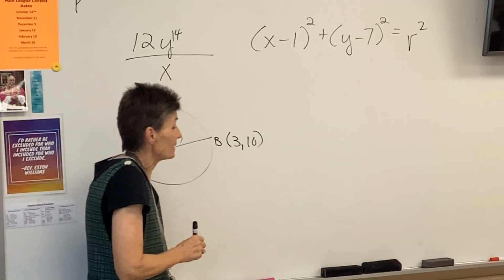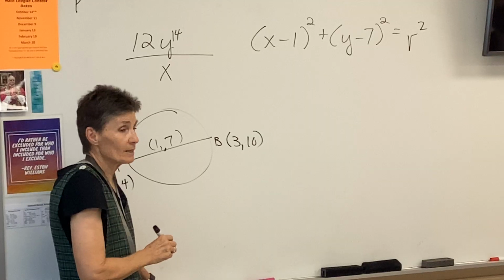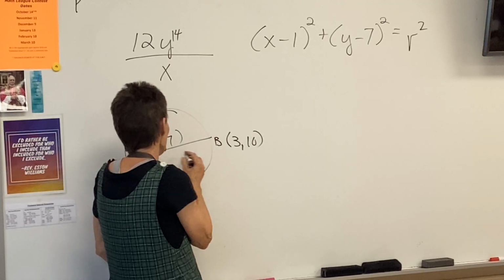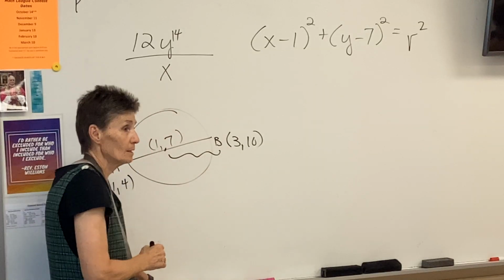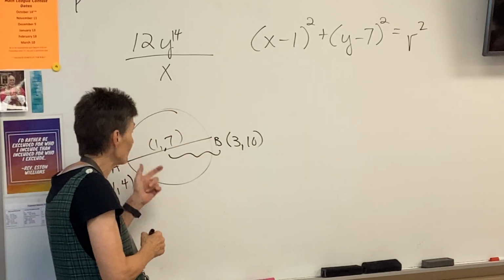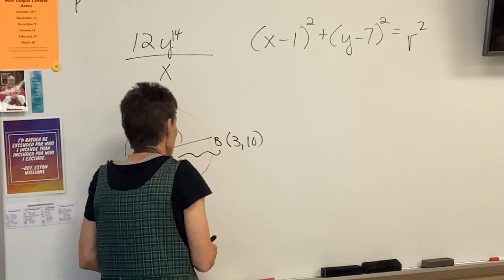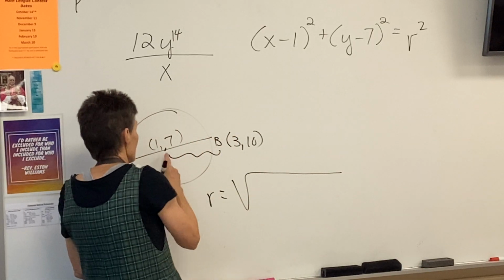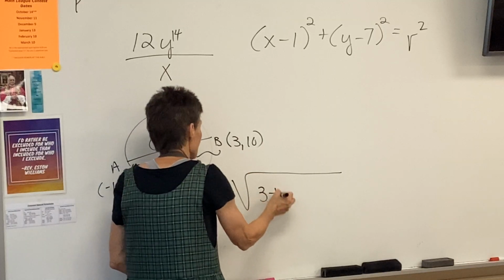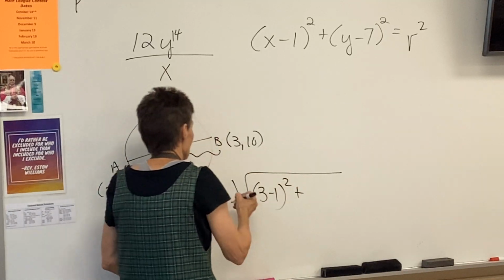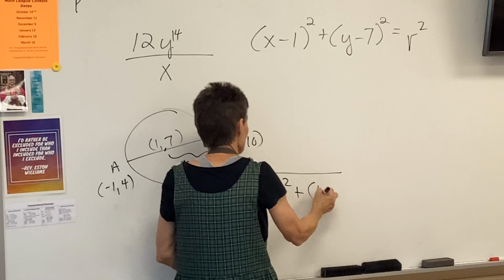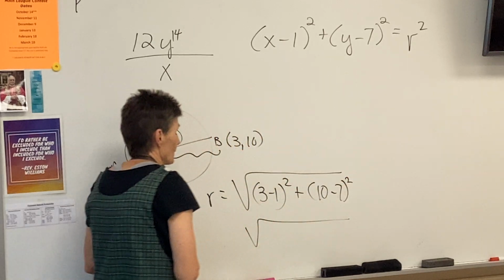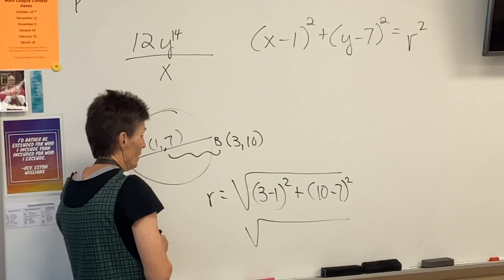So now I need the radius. How am I gonna get the radius? Charlie? Distance formula. Distance formula, probably right here, or right here, it doesn't matter, that would be a radius. So the distance formula says, subtract our x's, subtract our y's, square them together.